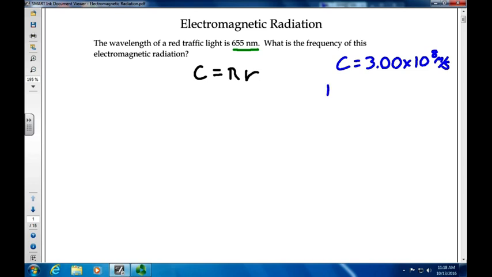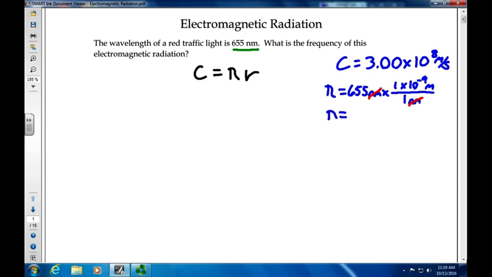So lambda is going to equal 655 nanometers times 1 times 10 to the minus 9 meters per 1 nanometer. Your nanometers will cancel out, and you'll be left with meters, again using dimensional analysis.